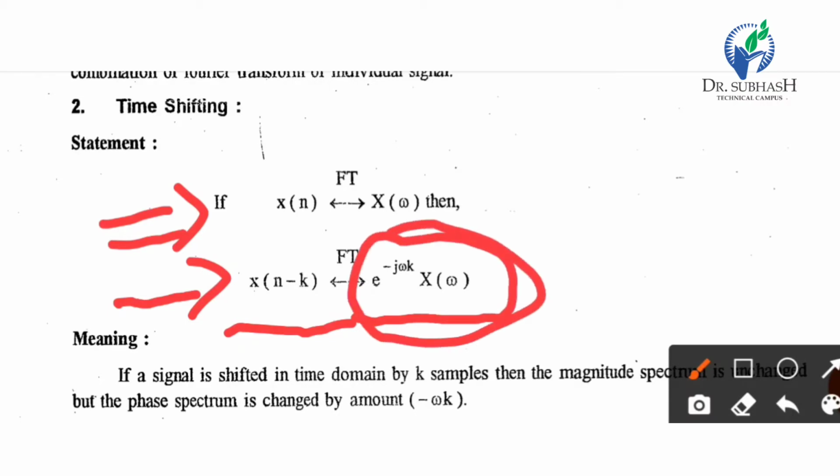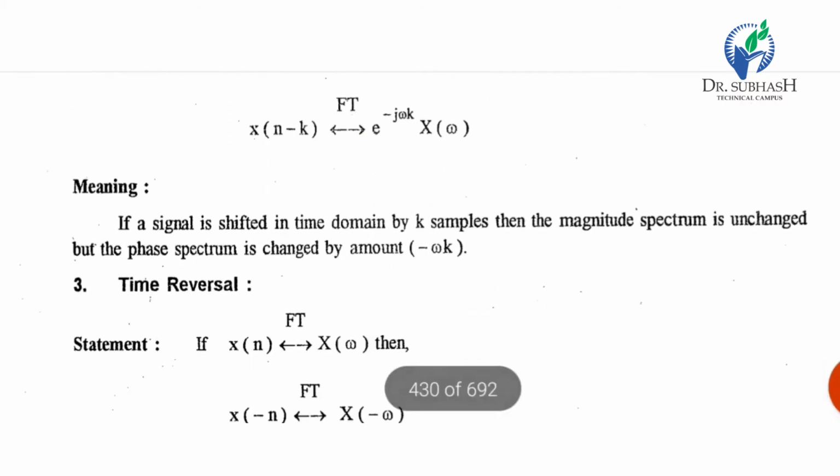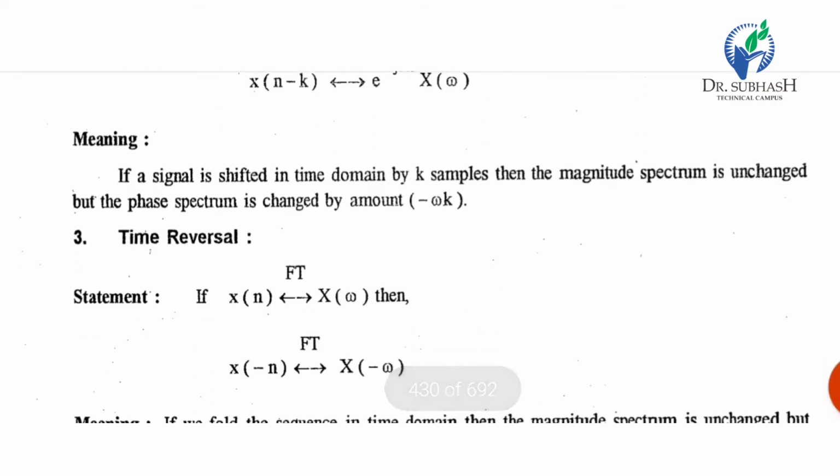So it is similar to the z transform, where it is z^(-k) X(z); here it is e^(-jωk) X(ω). So the Fourier transform has e^(-jω), and the z transform has z^(-1). So it is very easy to remember.